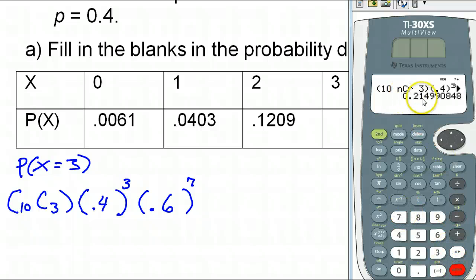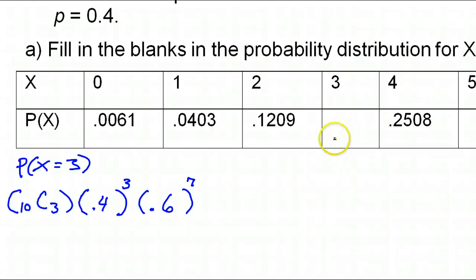So that is 0.2150, if I round this 49 up to 50 because of the 9. So 0.2150. Okay, so that's the probability of 3.